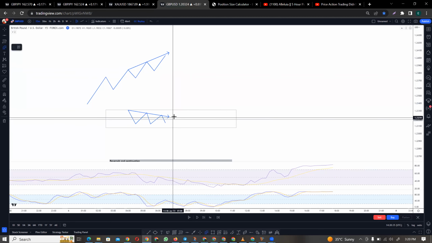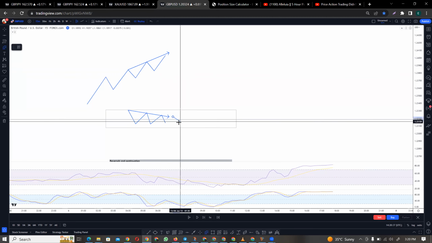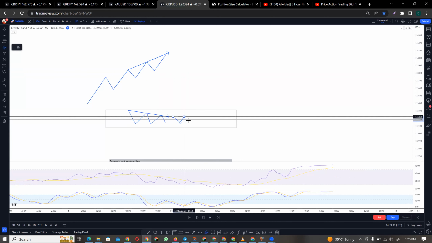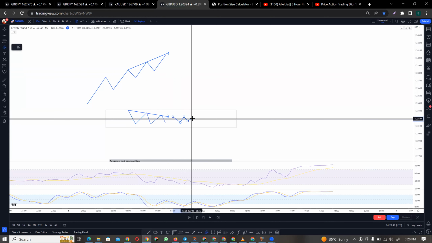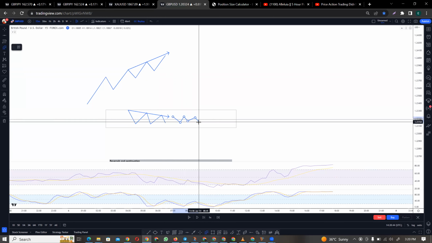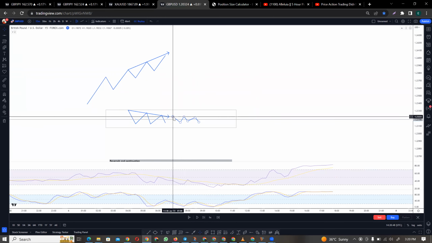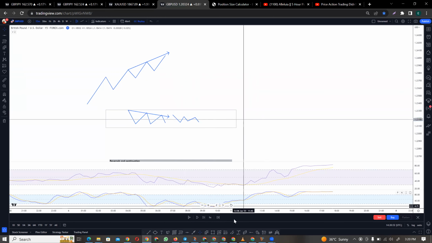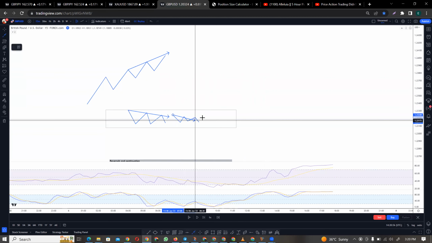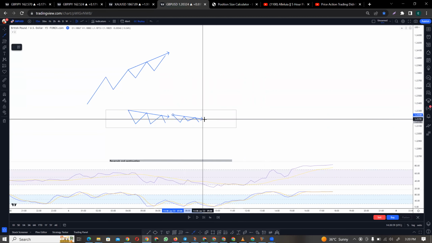If you are seeing something like this, you know that most times, if you look at the market itself, the market might even look confused to you. So just avoid it. It's not every divergence you must enter. Sometimes it plays out, sometimes it doesn't.